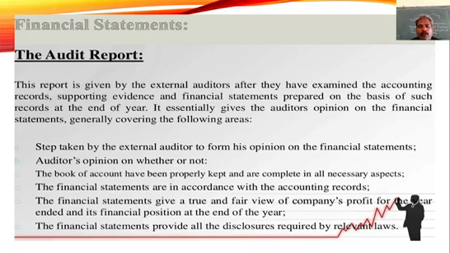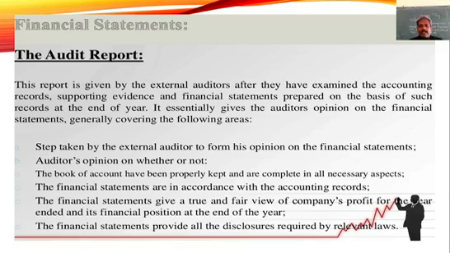The books of account have been properly kept and are complete in all necessary aspects. So the company must keep proper books and complete all necessary aspects. The financial statements are in accordance with the accounting standards. They must prepare their financial statements as per the accounting standards and accounting records.